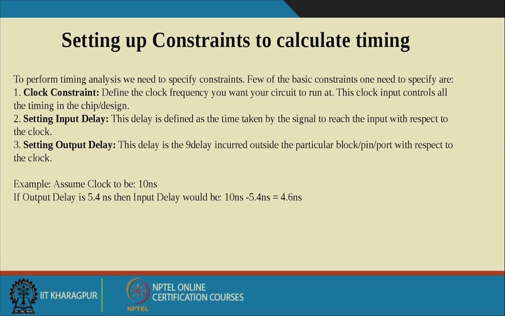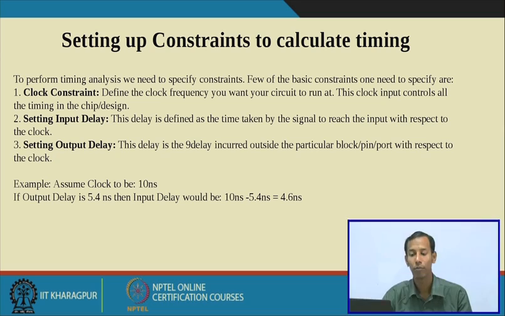For example, assume a clock of 10 nanoseconds. If the output delay is assigned as 5.4 nanoseconds, then the input delay would be 10 minus 5.4, which is 4.6 nanoseconds.